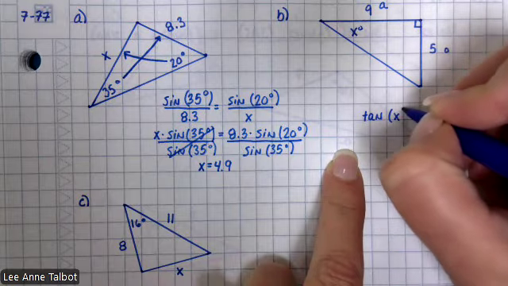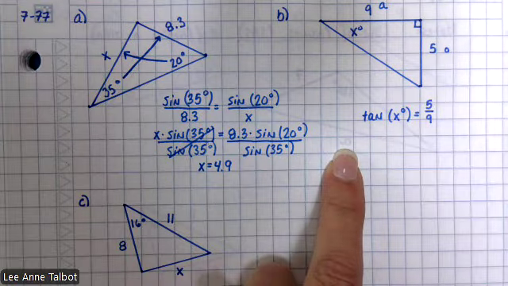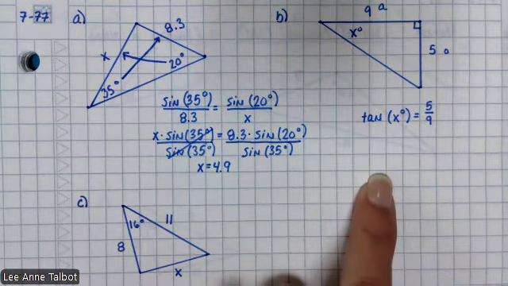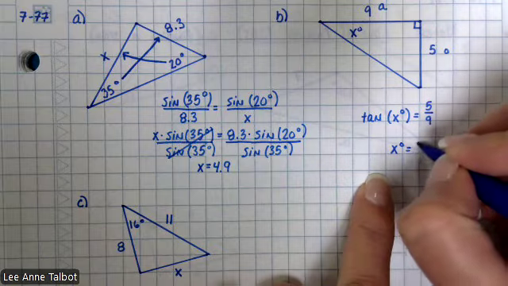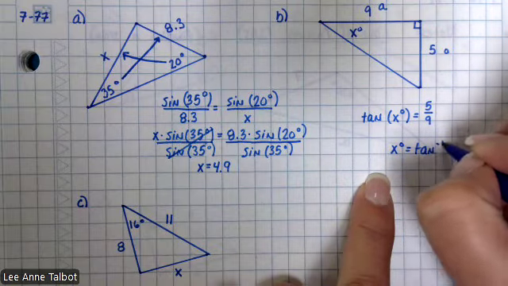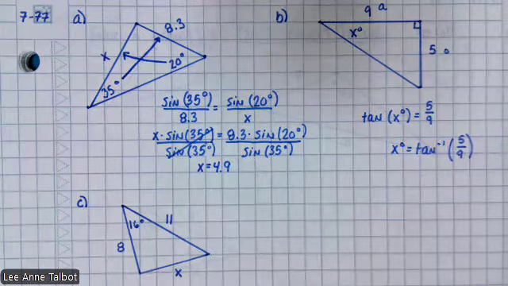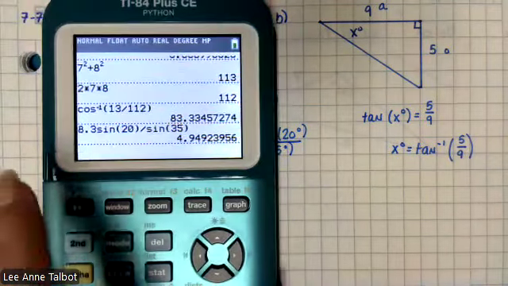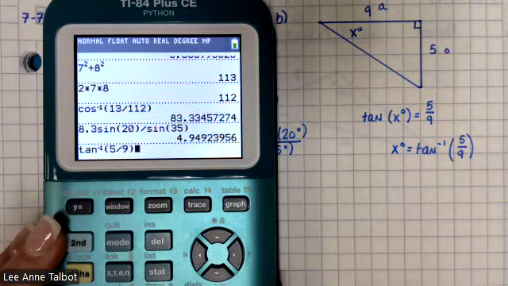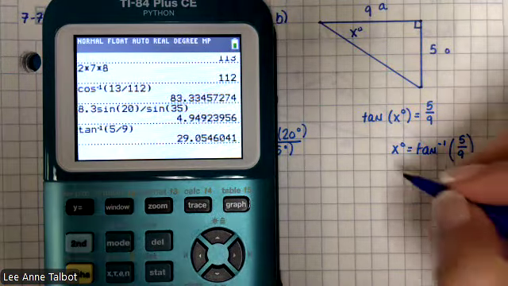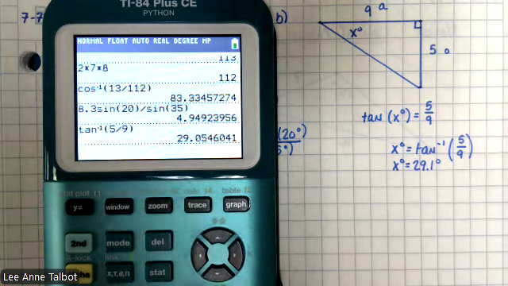Tan of x degrees equals opposite over adjacent. And then tan inverse. 29.1.